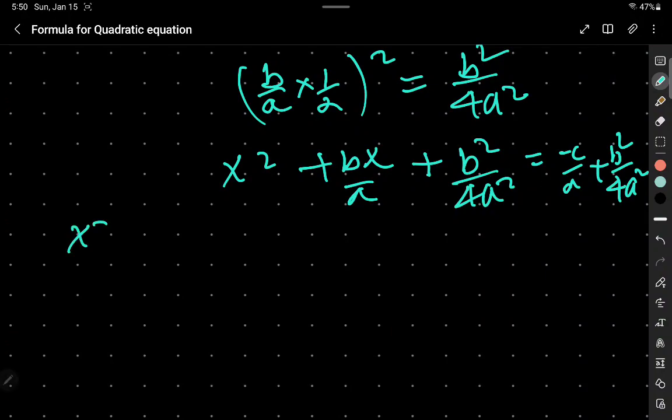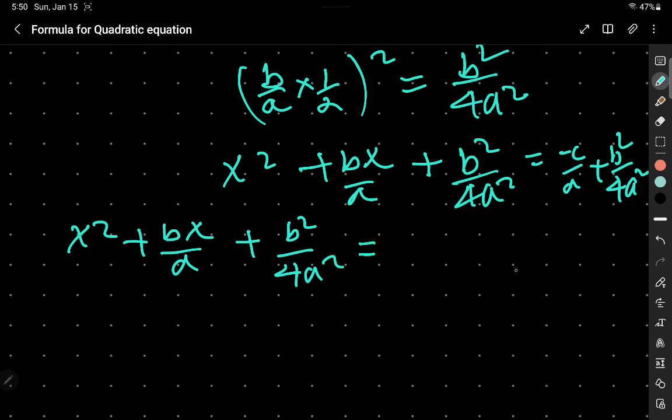Now x squared plus bx over a plus b squared over 4a squared is equal to, you can simplify the right side alone.